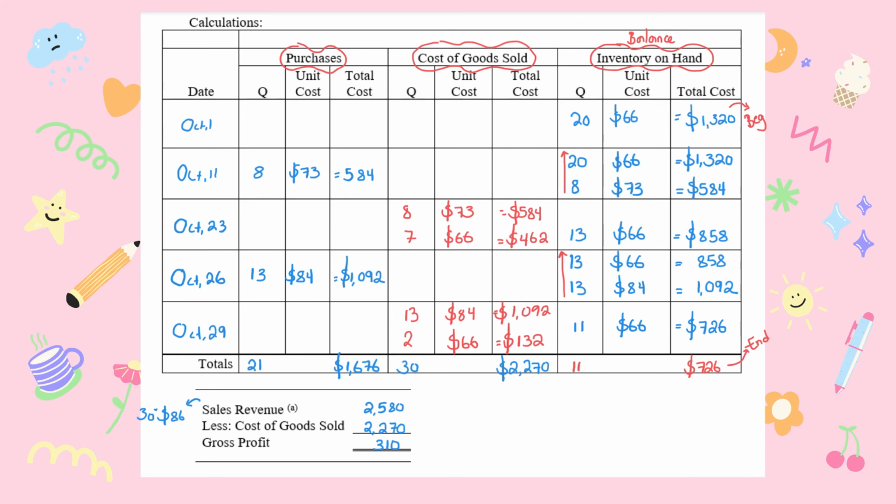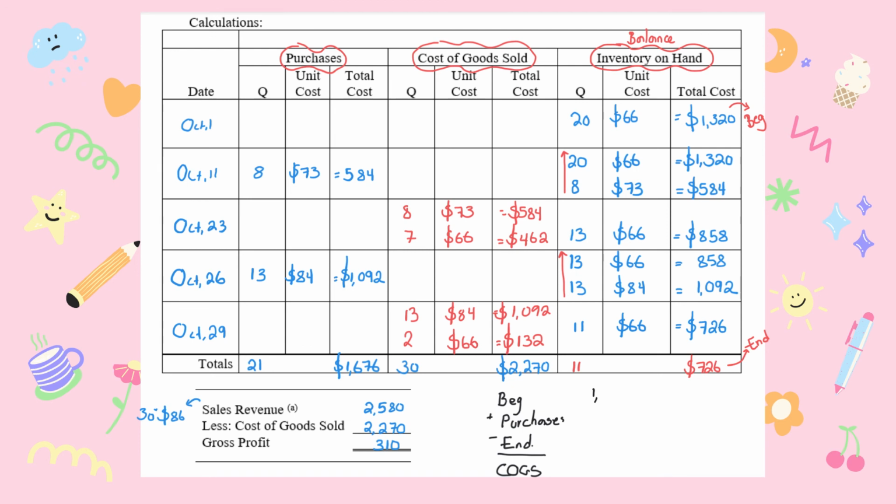Now, if I want to check my answer, I have this equation, which is beginning inventory plus purchases less ending inventory equals cost of goods sold. Now, beginning inventory balance is 1,320. Purchases for October is 1,676. Ending inventory is 726. So let's do the calculation now.